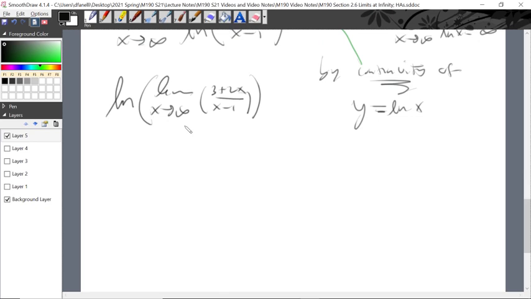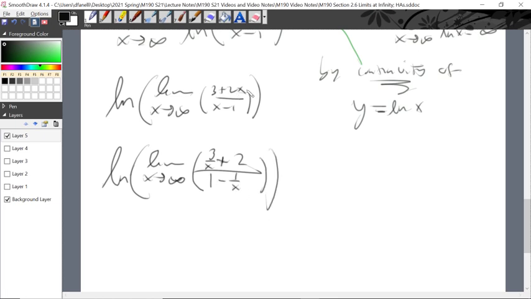This argument in here is rational, in fact. It's an easy limit to do. I'm going to divide all the terms by the highest power of x in the denominator, which is just x in this case. So this is 3 over x plus 2 over 1 minus 1 over x.